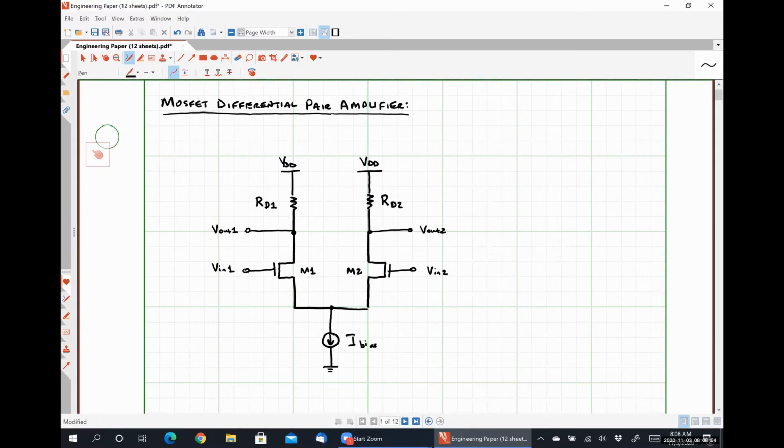And we also have two outputs, Vout1 and Vout2, which are taken at the drain of transistors M1 and M2. So this is a differential amplifier. It takes the difference between VIN1 and VIN2 and amplifies it at the output, which is Vout1 minus Vout2.